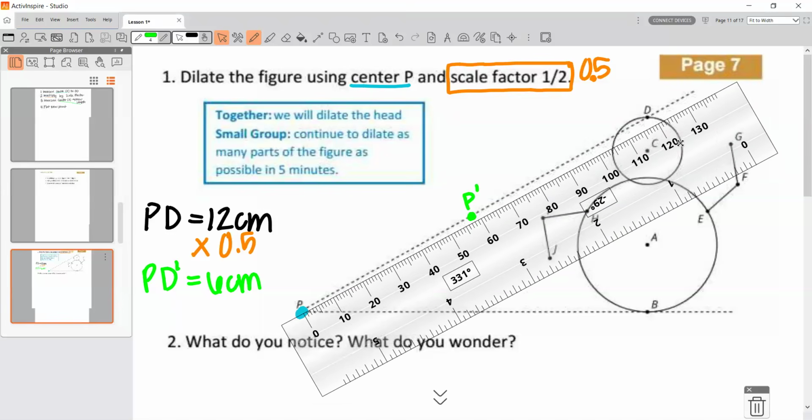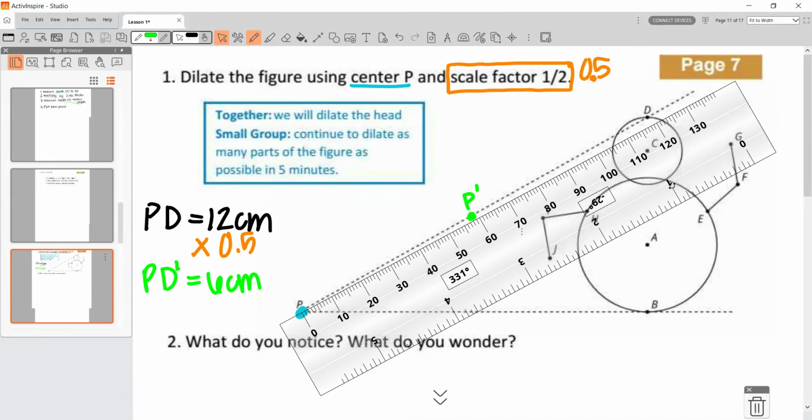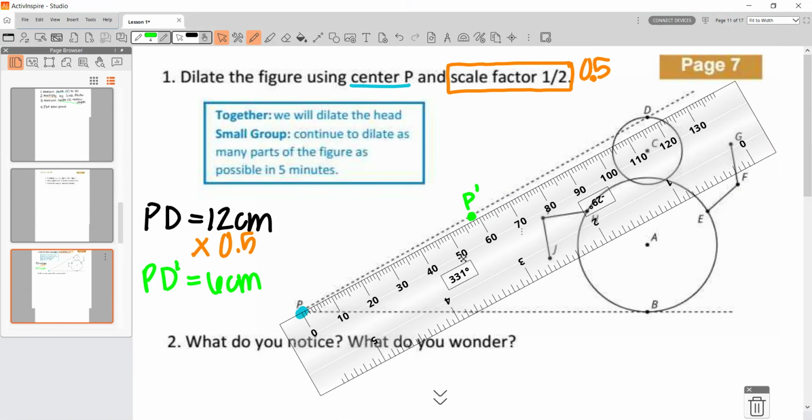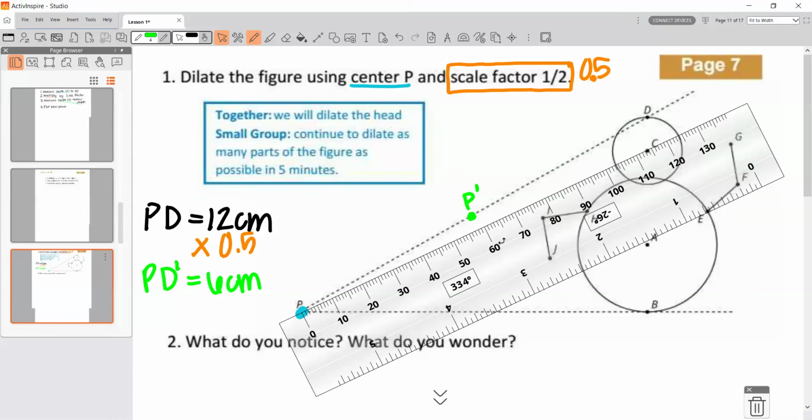Now let's measure out to point C. Let's do point C together. Keep 0 on P. Your ruler should go out and touch C. I'm going to write this down.